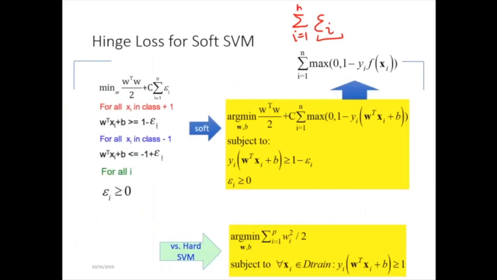Let's actually go back to this page. But if it's already on the correct side, I do not use that epsilon. This is very important. So let's see what this loss formulation looks like.